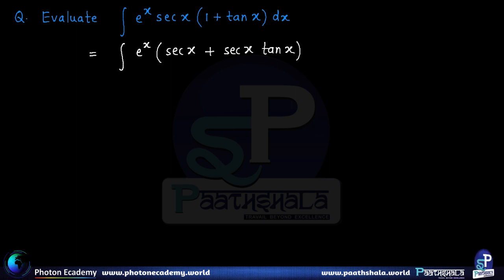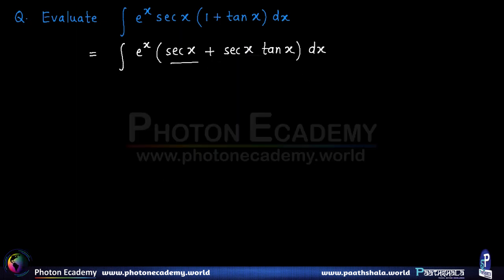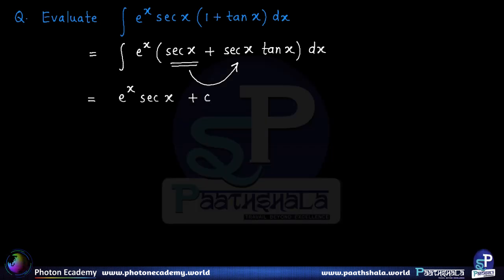And now the pattern becomes immediately apparent, that is, if we call sec x as the function, then its derivative is nothing but sec x into tan x, which is automatically present. So therefore the answer of this is e raised to x into the function which is sec x plus c. So that's the way we use this particular form.